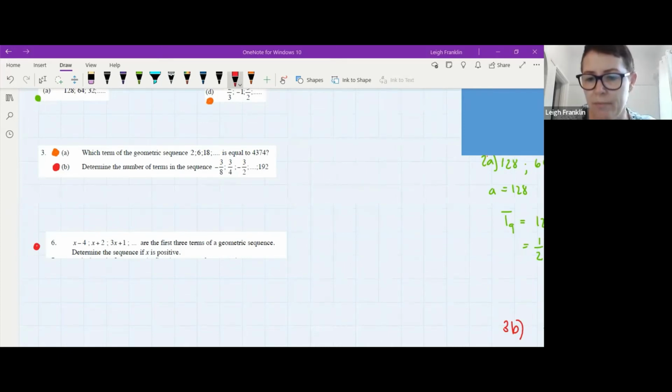Okay, so Coupe, you're done. And Masha is also done.